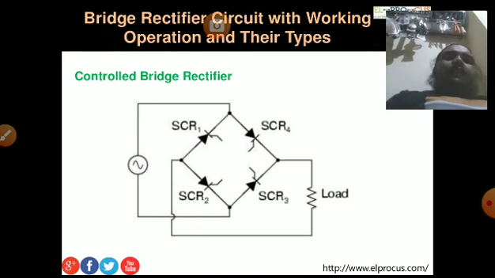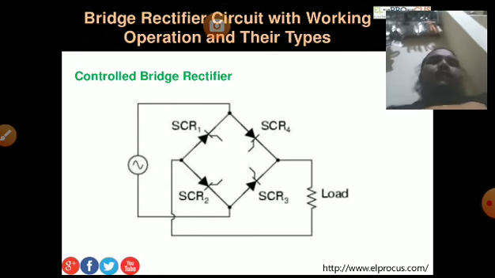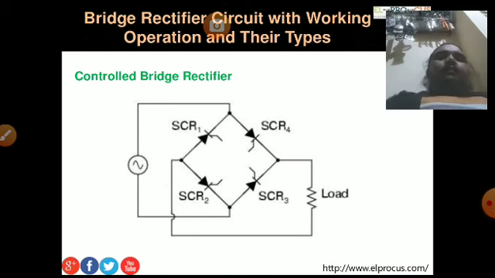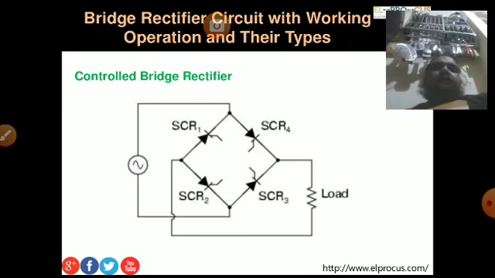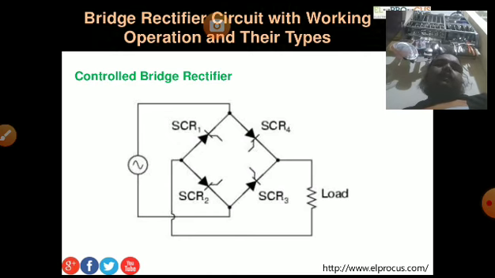Here SCR2 and SCR4 are connected in forward bias, and SCR1 and SCR3 are connected in reverse bias. The input signal is given in between SCR1 and SCR4 and between SCR2 and SCR3. The output is taken across SCR1, SCR2 and SCR3, SCR4.